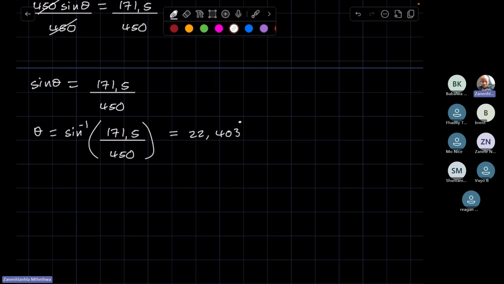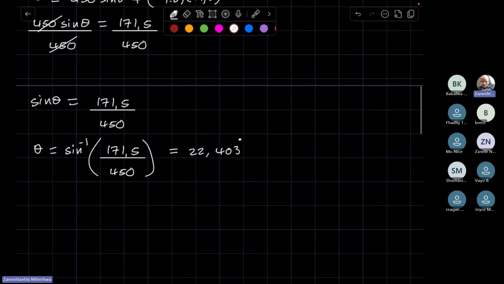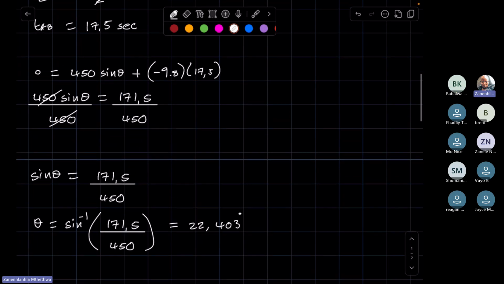Right, I'm getting 22.403 degrees, and that becomes your angle. Any questions here? Okay, sir, I don't have a question on this one. I think I'm happy with this one.